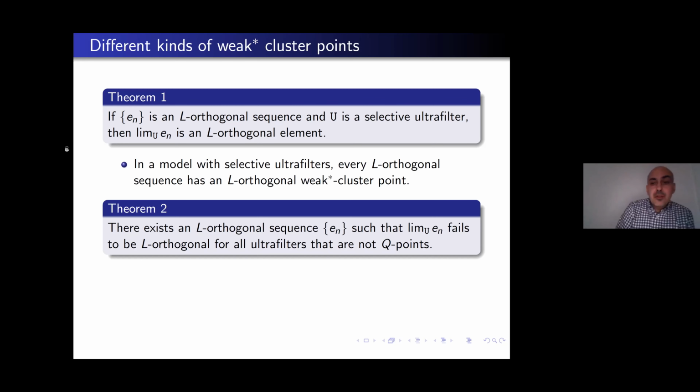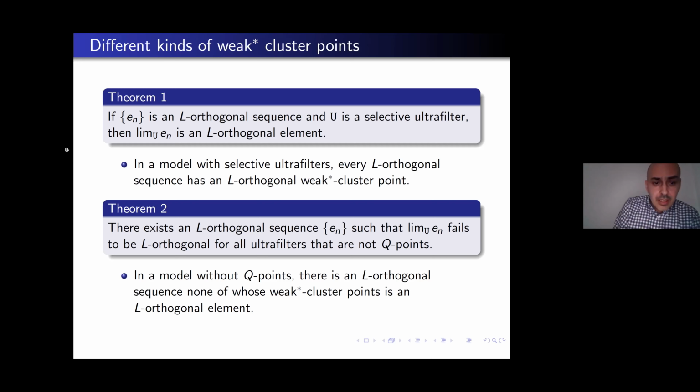On the other hand, Theorem II says that when I take a limit through any ultrafilter which is not a Q point, then this will not be L-orthogonal. So if I put the two things together, start with an L-orthogonal sequence: if I take an ultrafilter which is selective, I get an L-orthogonal element.